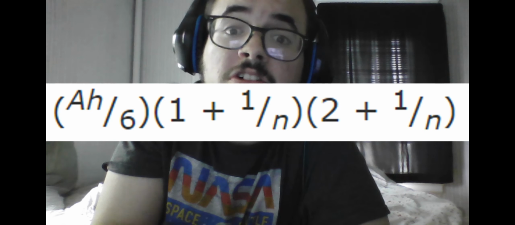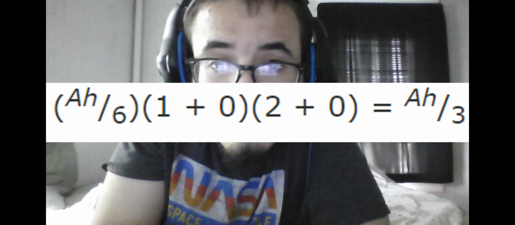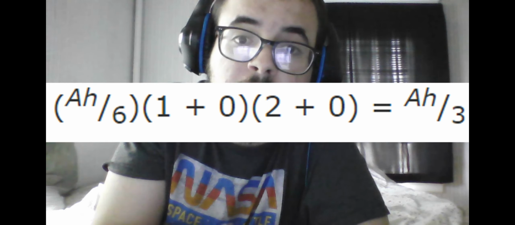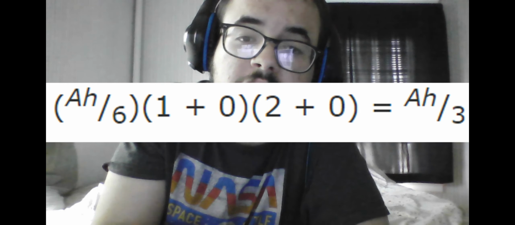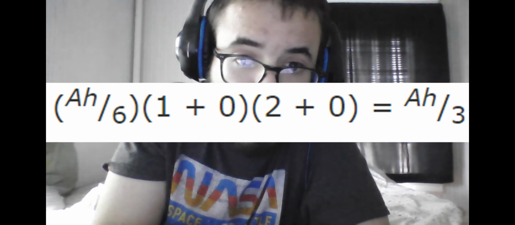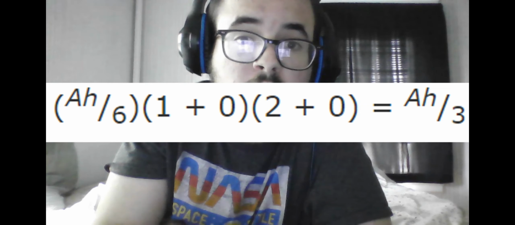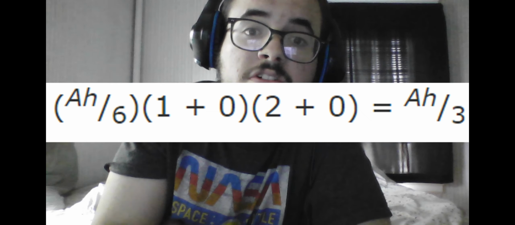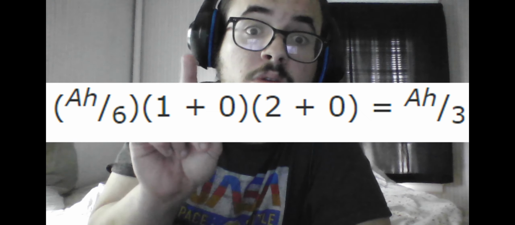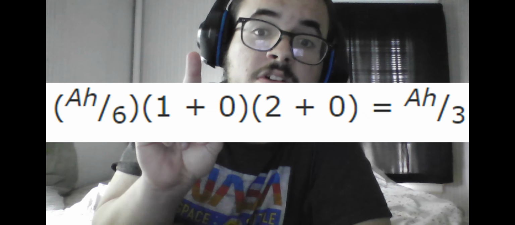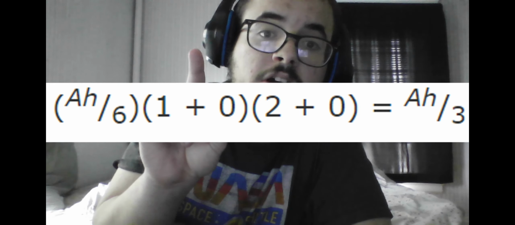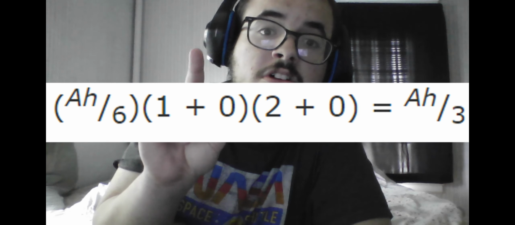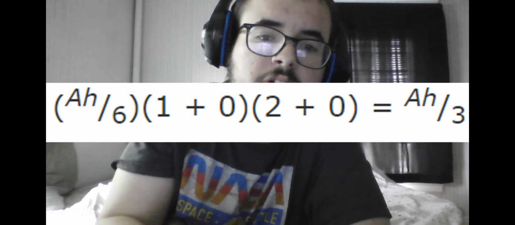So our final answer for the overall volume is cross-sectional area of base times height divided by 6 times 1 times 2, which equals cross-sectional area times height times 2 divided by 6, which equals cross-sectional area times height divided by 3, as 2 divided by 6 simplifies to 1 divided by 3.